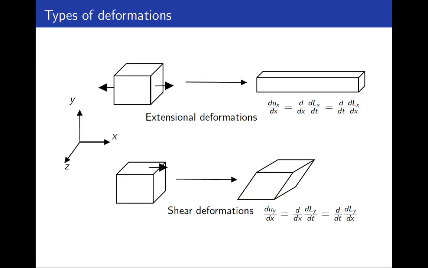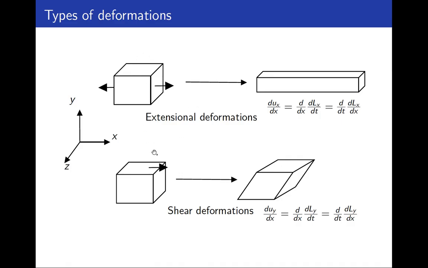So for Newtonian fluids, for fluids such as water, extensional deformations are always zero, because these kinds of deformations are only relevant when you have materials that behave as springs, as elastic materials.